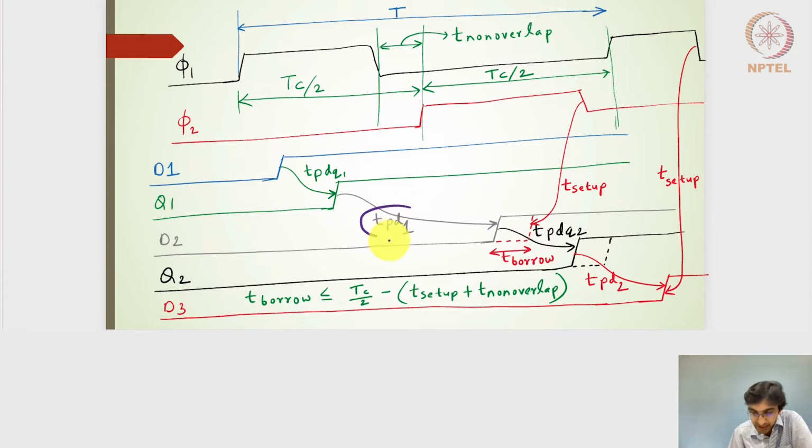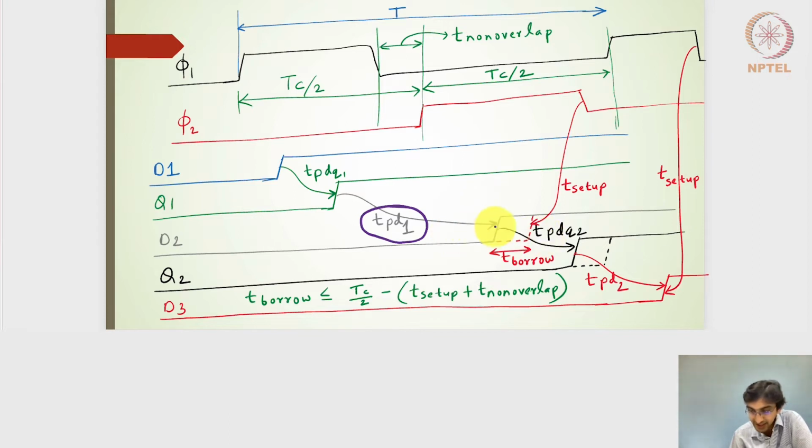So combinatorial circuit number 1 is supposed to operate and then make the signal available in this particular region of time. And because combinatorial circuit number 2 is supplying its output as an input to latch number 2, latch number 2 can actually capture till it reaches the T setup time with respect to the clock going low, right?